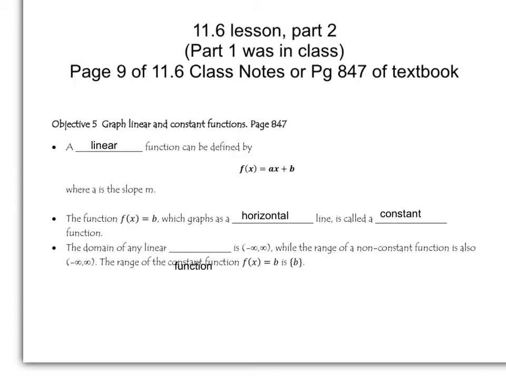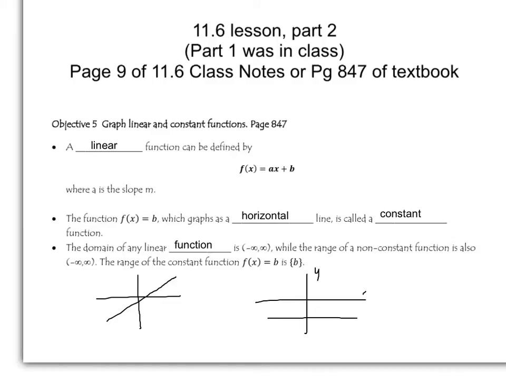So what that means is, if you have a line that looks like this, both the domain, which are all the x values, and the range, which are all the y values, can be from negative infinity to infinity. But if you have a graph like this, a horizontal graph, you can see that the range, which is y, here's y and here's x, the range only is this point here, which is b, or (0, b).